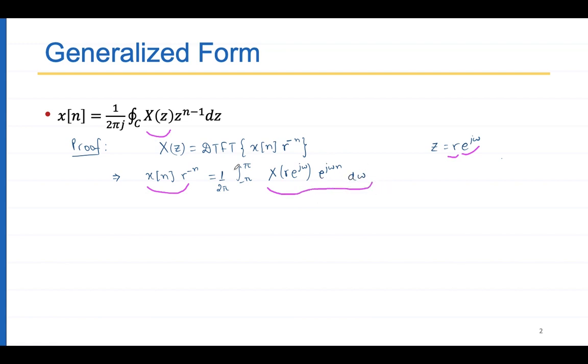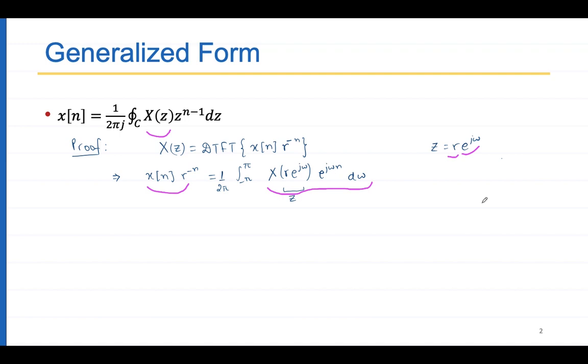This is the inverse DTFT of X, which is basically not e to the power j omega, but r e to the power j omega. So this thing is z, and the inverse Z transform is given by this.